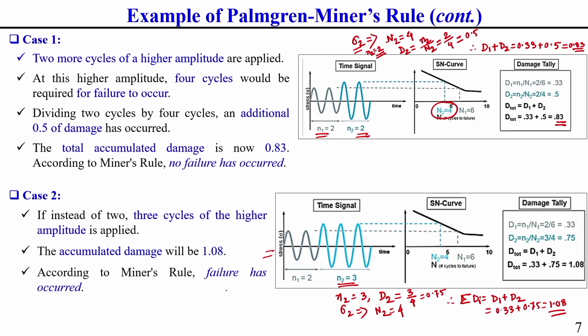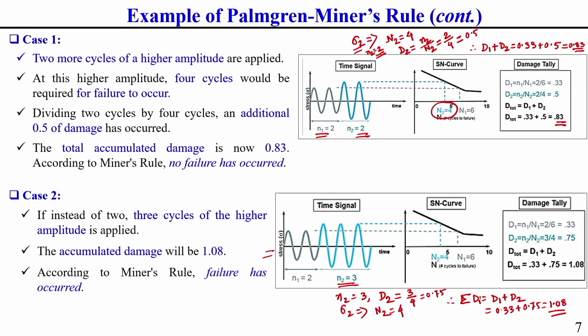So failure has already occurred. For this case failure will occur. This way, by summing up the damage proportions, we can easily find out whether the structure can be subjected to further stress cycles or not. This is the concept of Palmgren-Miner's rule.